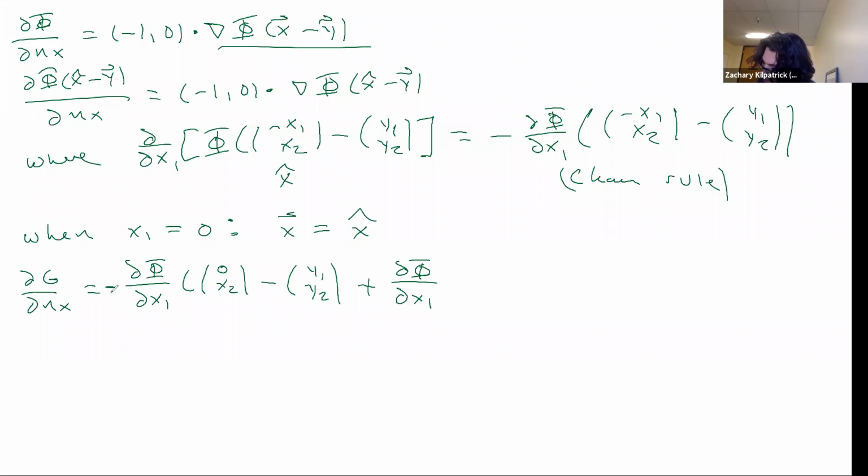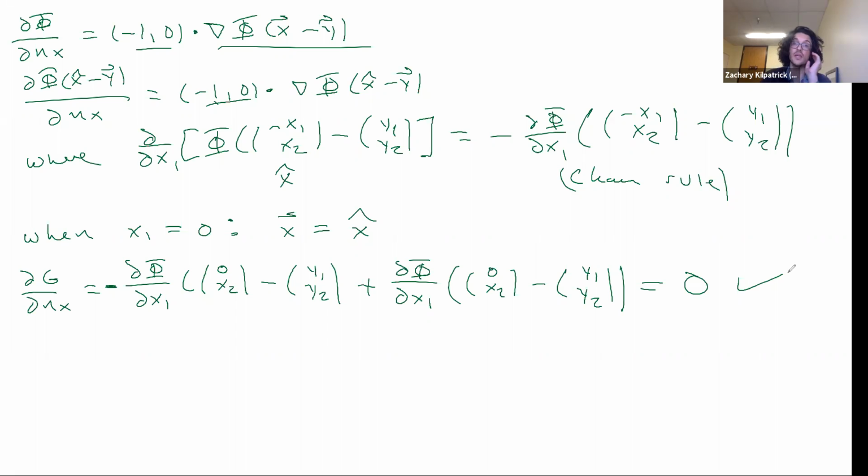So I think that, yeah, I should switch the signs here, right, because we're taking the dot products here. 0, x2 minus y1, y2 equals 0. Okay, which is what we need. Okay. All right. So we have a way of constructing the Green's function. Okay, but I still haven't really told you how to create a solution yet. So we'll talk about that next.